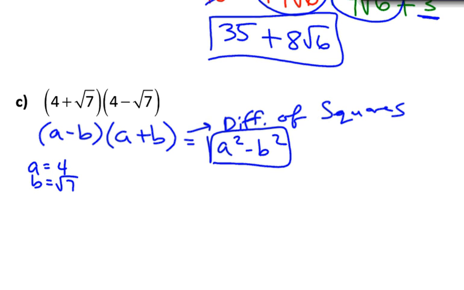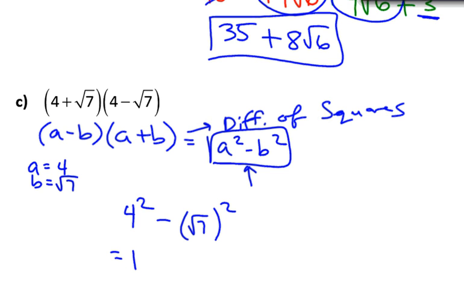So if you see that pattern, you could obviously go ahead and double distribute just like we did for A and B. But if you see that this is a difference of squares, you can go ahead and pick up on that pattern and go straight to this step. You can only do that for a difference of squares though. So A squared would be 4 squared minus B squared, which would be square root of 7 squared.